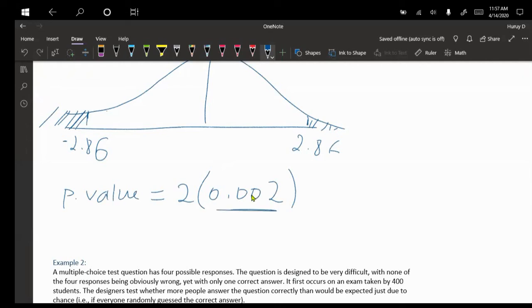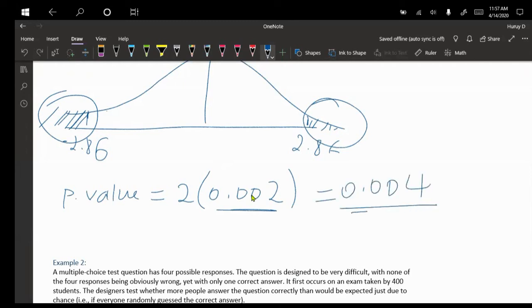This is only one side, which means the left side. And of course, on the right side, I have the same value. So we just add them or multiply by 2. It's the same. So I have 0.004. So this is my p-value, which means the sum of these two areas.